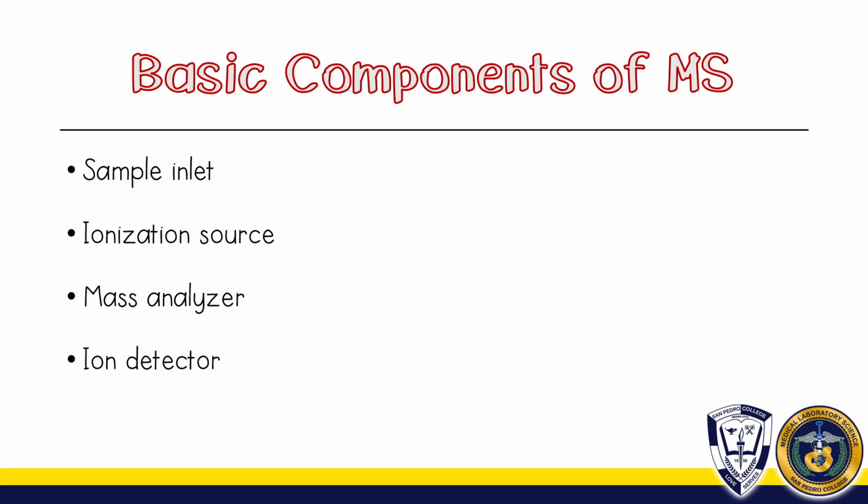So the actual measuring of your MZ ratio, your mass to charge ratio, occurs when the gas phase ions pass into your mass analyzer. And then, as it passes through your mass analyzer, it will generate an electrical field that can manipulate the charged molecules to sort them now according to their mass to charge ratios. And the most common means of detecting your ion actually employs an electron multiplier.